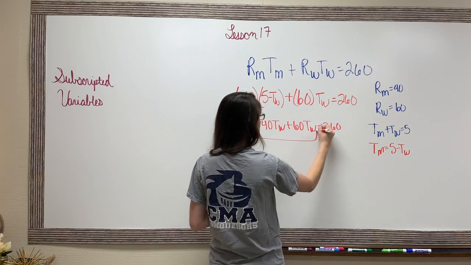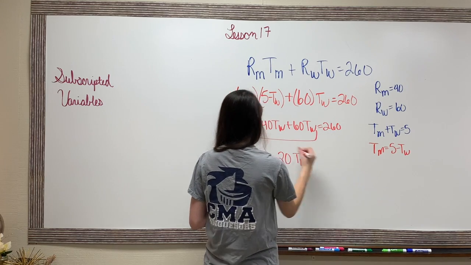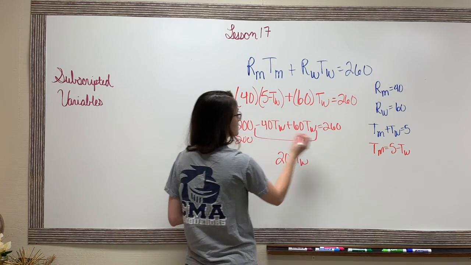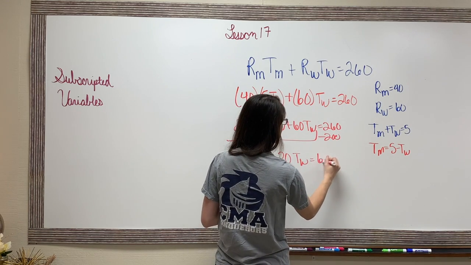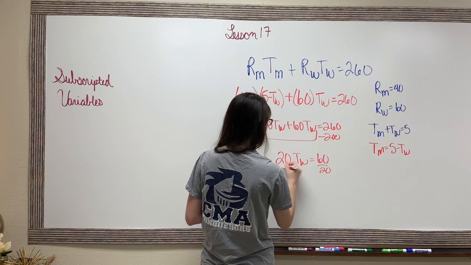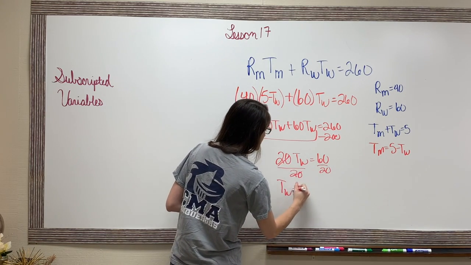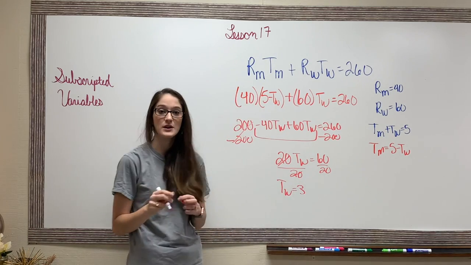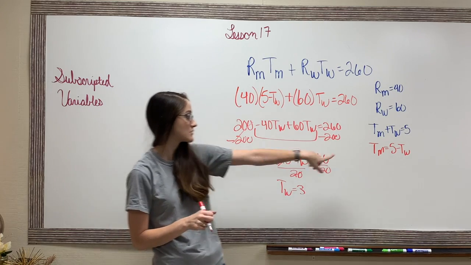We're going to add our like terms, which will be 20 TW. And I'm also going to subtract this 200. So we're going to get equals 60 divided by 20. So TW equals 3. We're halfway done. The only other variable here that I don't know the solution to is going to be TM.